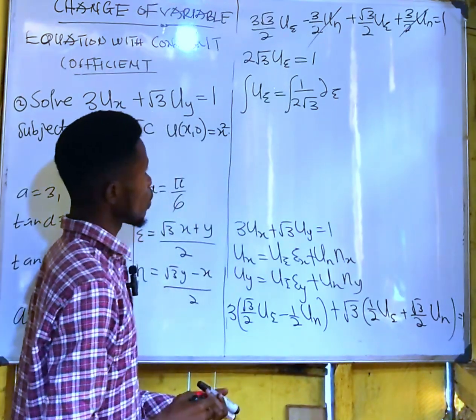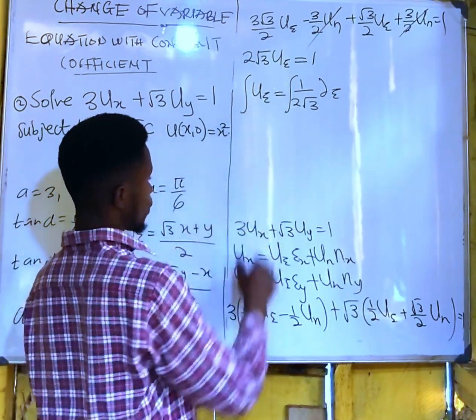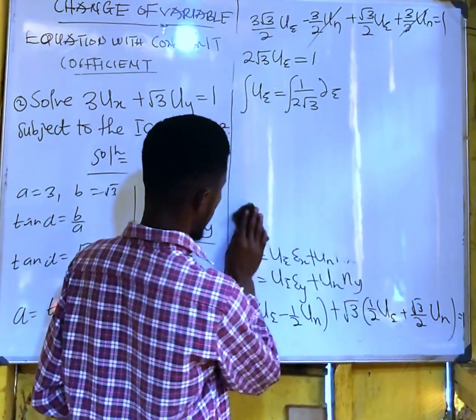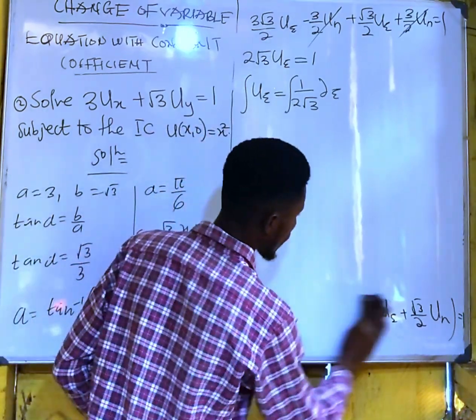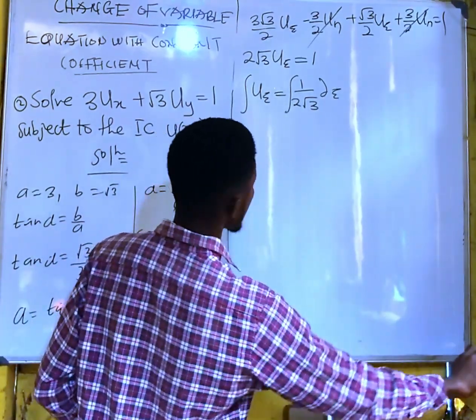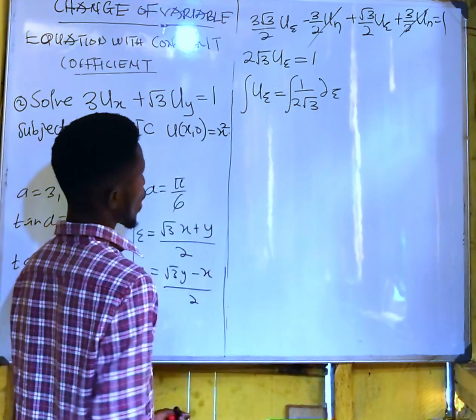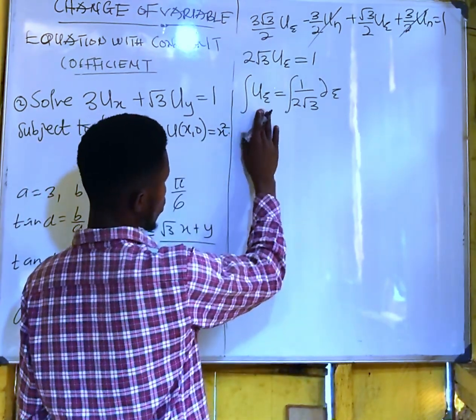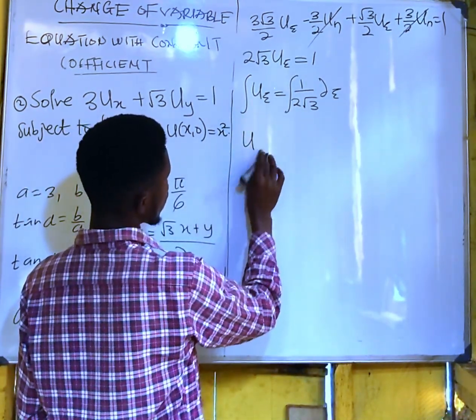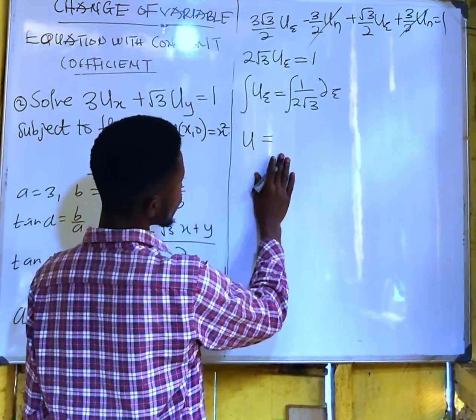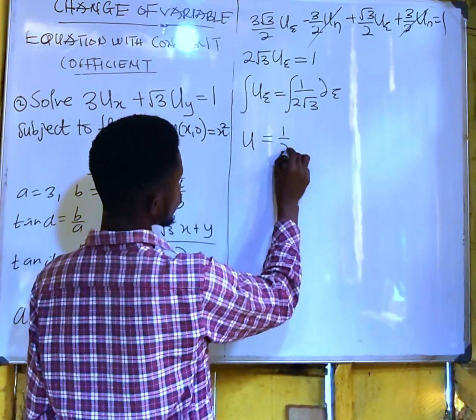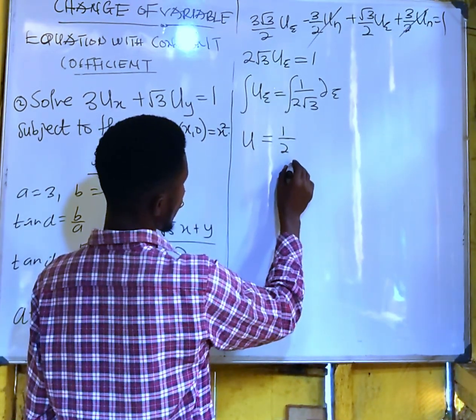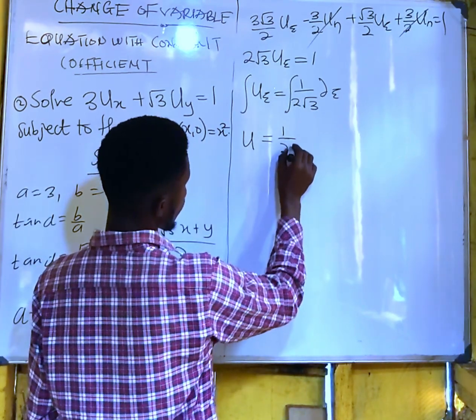So we are integrating it with respect to xi. Let me clean this one. If I integrate this with respect to xi, I have u here equals 1 over 2 root 3.